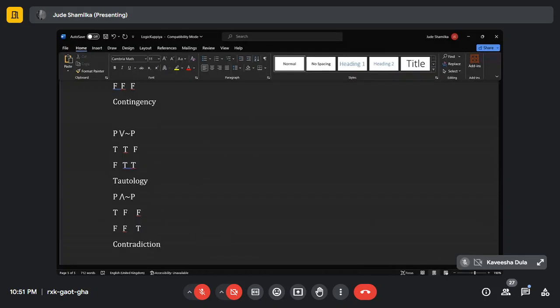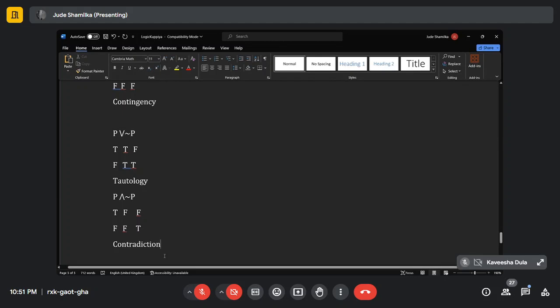Oh wait, here we have another part. What is this? Okay, here this is not really a tautology and contradiction. But let's consider it because in the lecture note it is mentioned that it is a tautology.